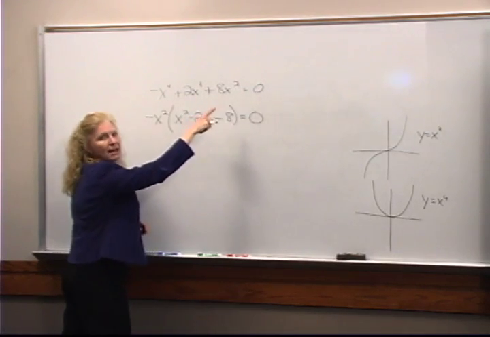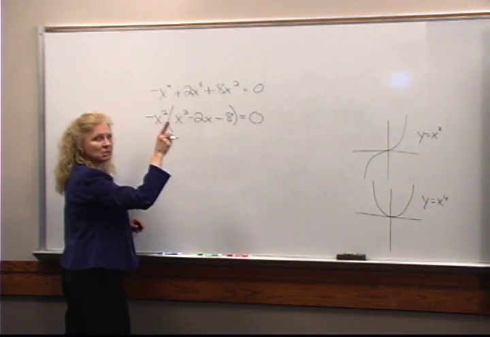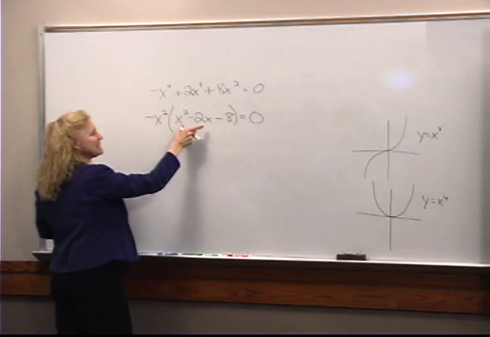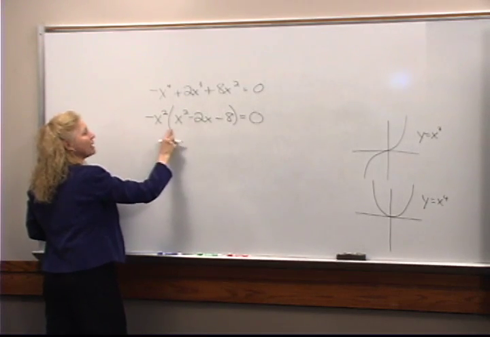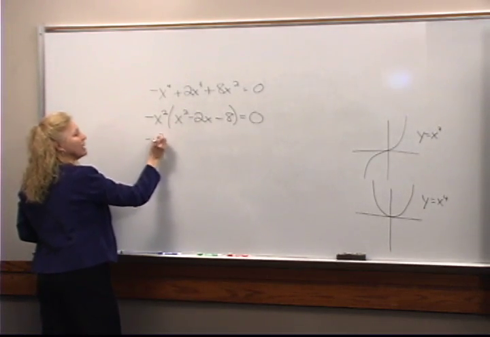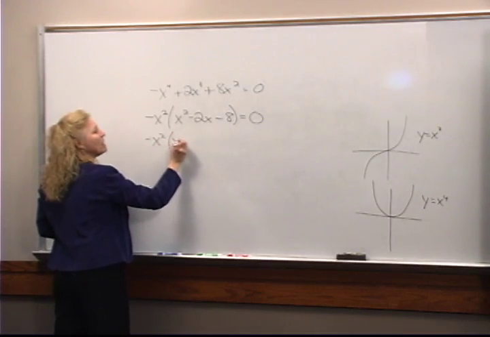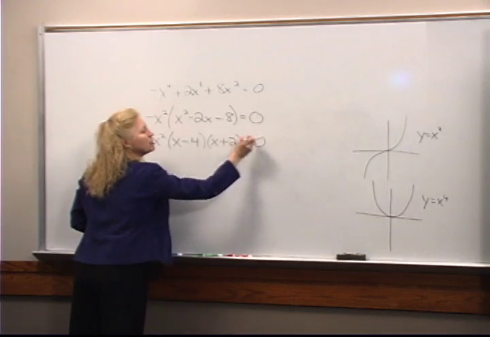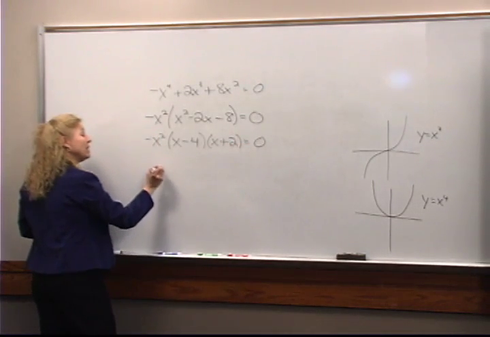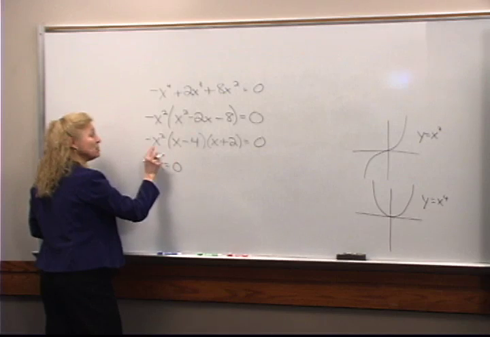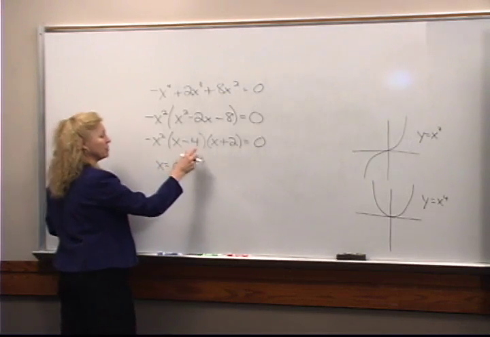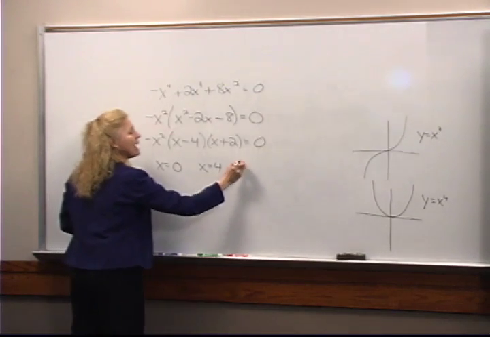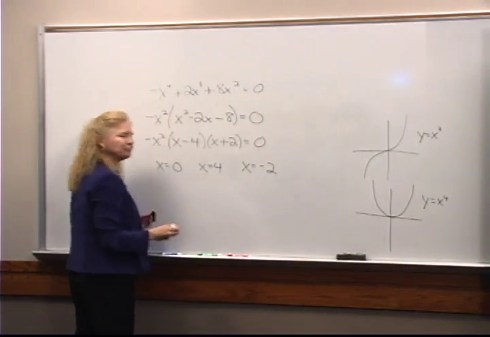While, yes, all quartics are solvable, they're not necessarily easily solvable, but this one is, because here's a quadratic. So we have negative x squared, we have x minus 4, we have x plus 2. So we have roots at 0 from here, at x equals 4, and at x equals negative 2.